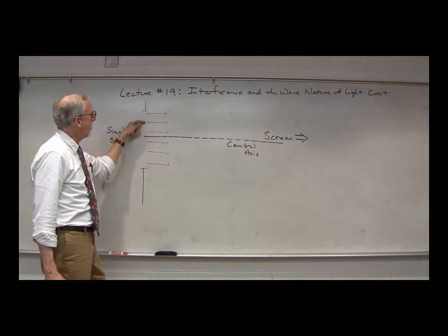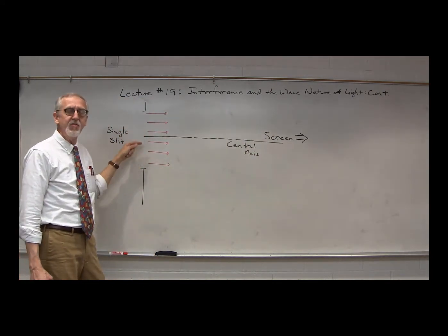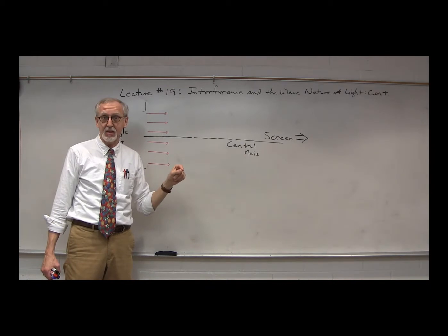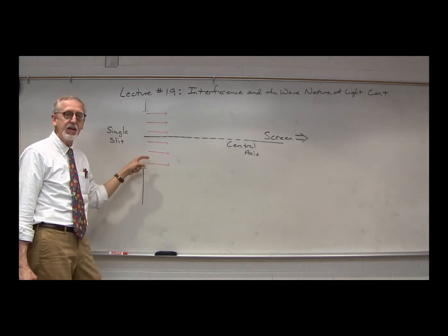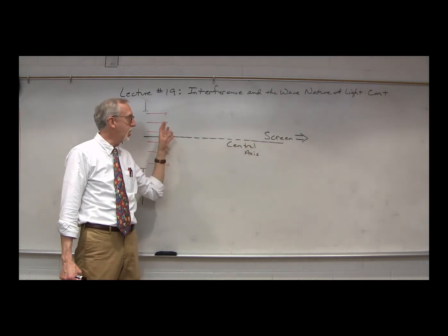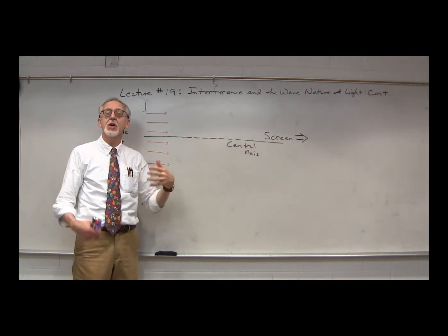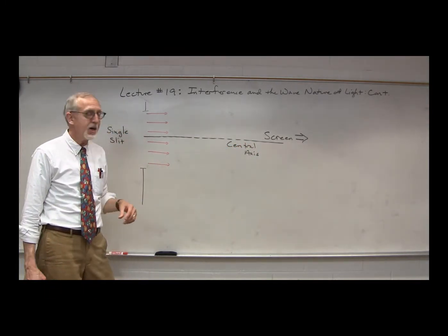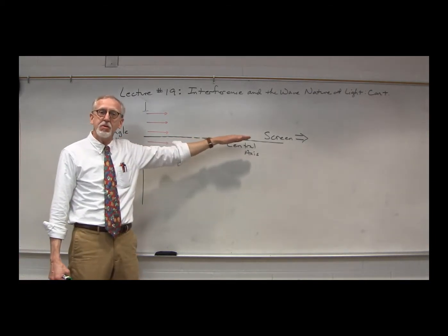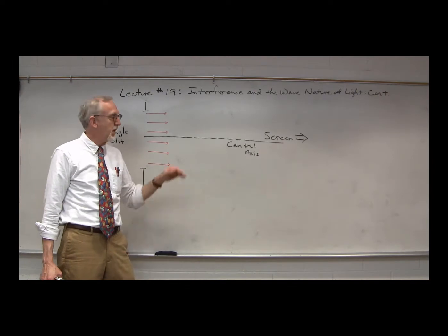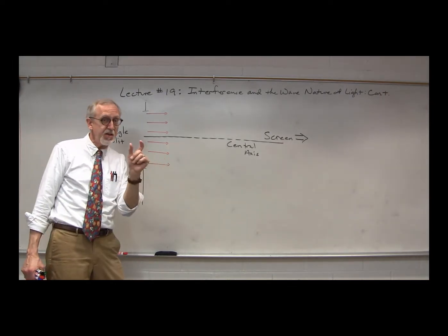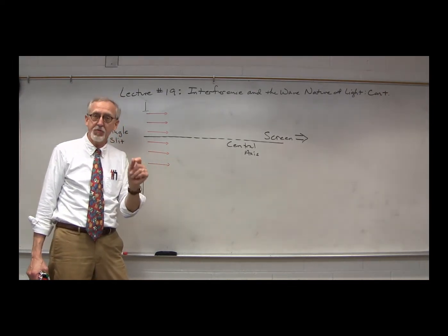If they're all parallel, they're all going to have the same path length, so there'll be no path difference. If they start out in phase, they'll end up in phase, and if they all end up with the same phase, they're going to combine constructively. So we would expect on the central axis to have a bright fringe, but that's exactly what we saw. At the very center of the pattern, we had that very, very large bright fringe.